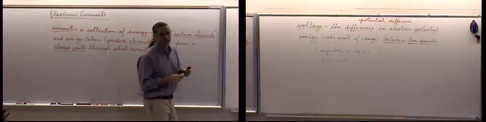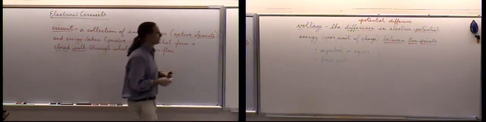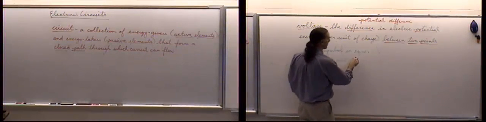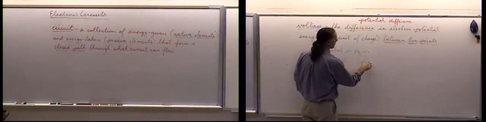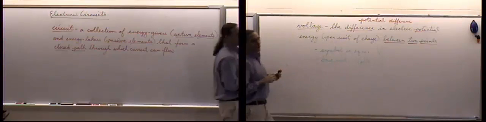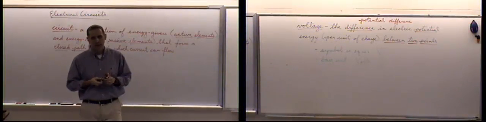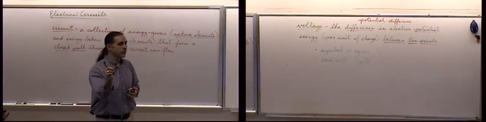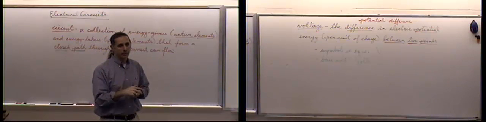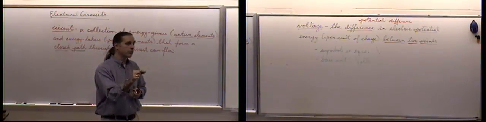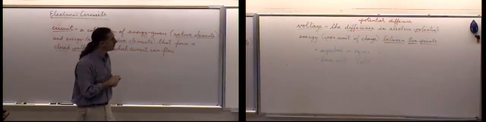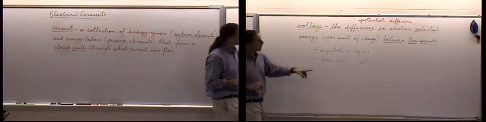Shout it all at once. Volts. Okay. It's also abbreviated with a capital V. So the symbol we'll use in equations to stand for voltage is a capital V, and the symbol we'll use to stand for units of volts is a capital V. So you have to pay attention so that you don't get things confused.